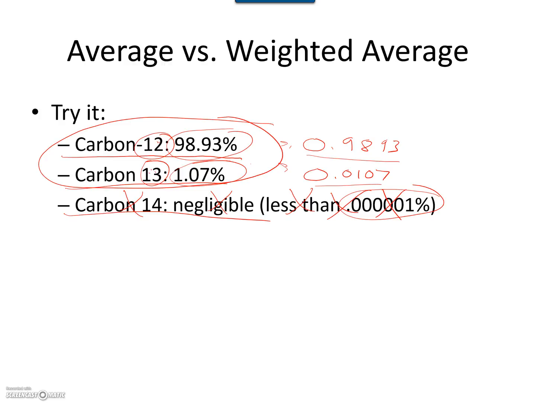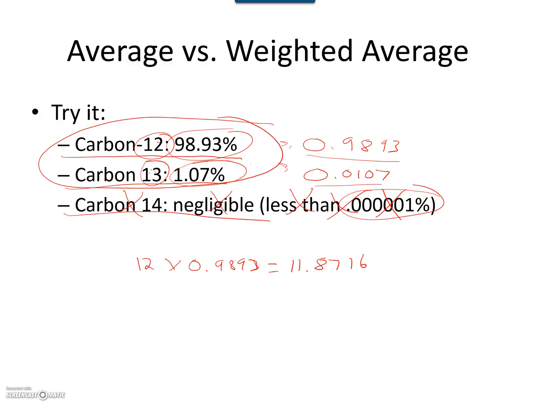Now, step 4, I'm going to multiply each value by its decimal abundance. I'm going to take 12 times 0.9893. I enter that on my calculator, and I get 11.8716. I'm not really going to focus on my sig figs for these weighted averages. The reasons for that are actually numerous, so I'm just going to report all those decimals for the moment.